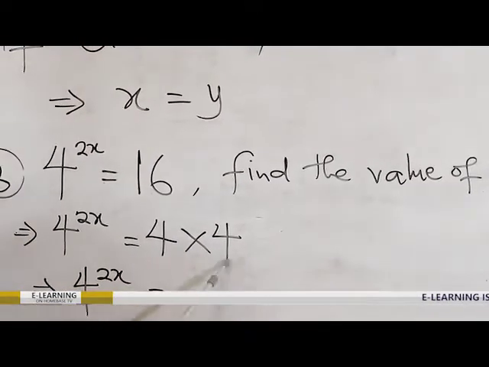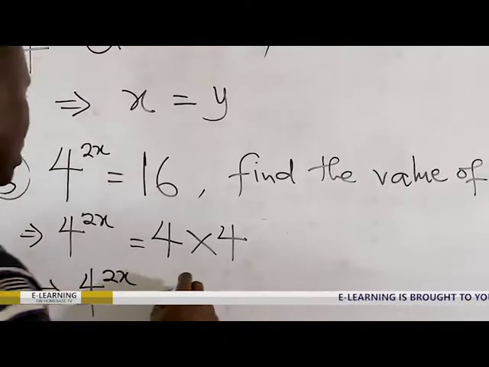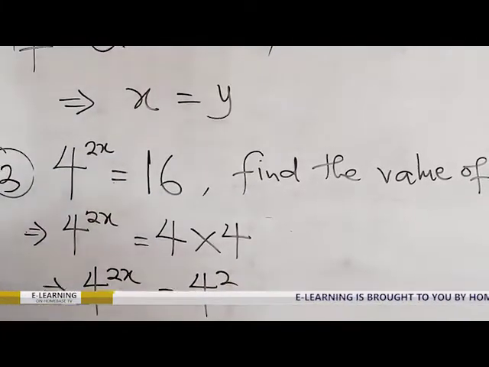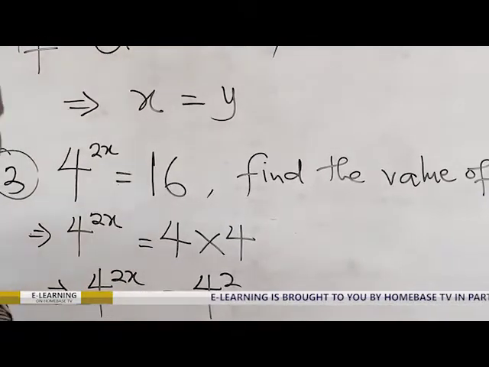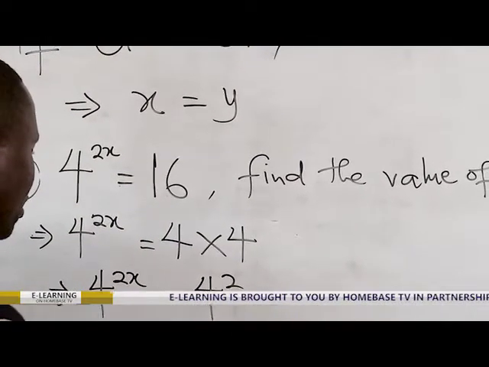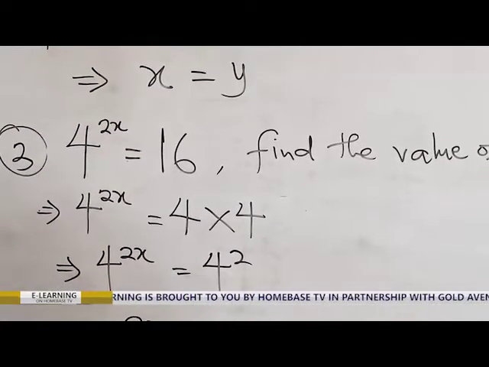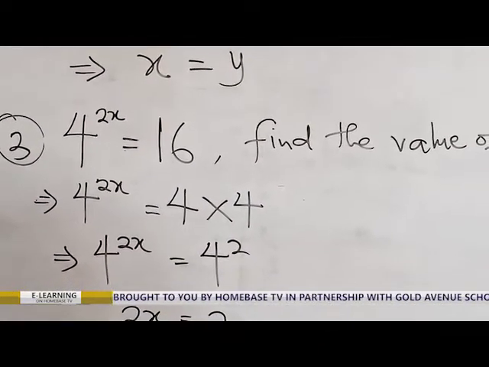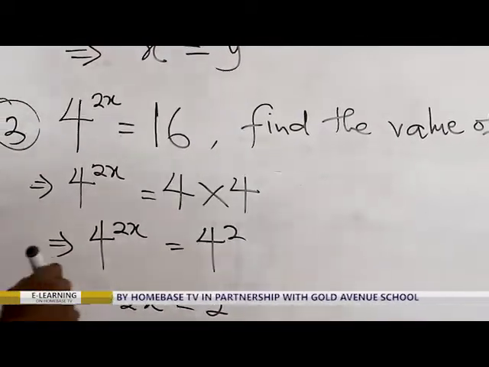Since 4 multiplies itself repeatedly twice, that is 4 exponent 2. Now the bases are the same, I will equate the exponents. When I equated the exponents, I got 2x equal to 2. How do I get the value of x? Divide 2 by the coefficient of the variable x.